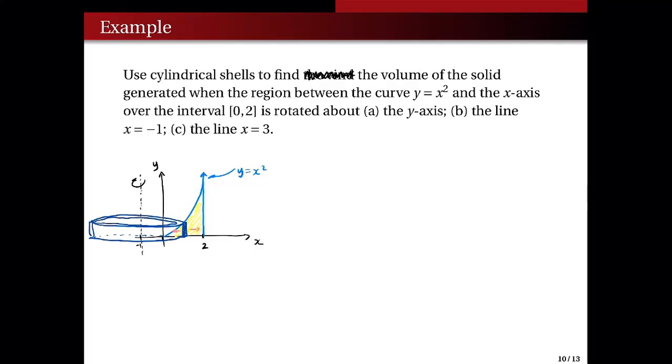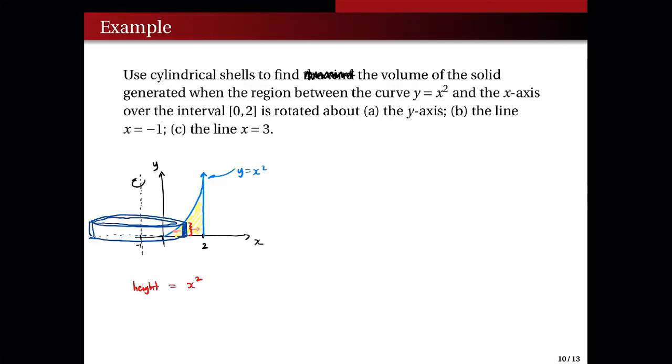The height of this shell is still from the function going to y equals 0. So let us write that height. This is still your f of x, and that's still your x squared.